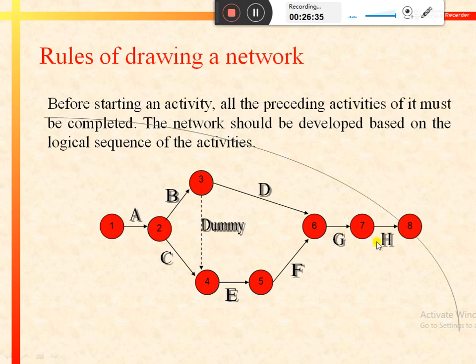In a similar manner, to start activity H, we should complete all the preceding activities of this network from A to G. And on that basis, we can say that the network should be developed or constructed on the basis of logical sequence of the activities. So we should follow the logical sequence and this rule that preceding activities of a particular activity must be completed to start this activity.